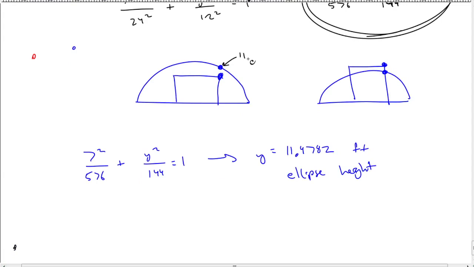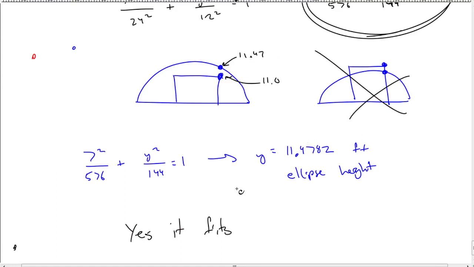This height right here is 11.47. The truck itself is only 11.0. And so does it fit? Yes, it fits. It's not this one, it's this one. Because my truck is 11, but the height of the ellipse is 11.47. So that's good. It has some clearance in there.